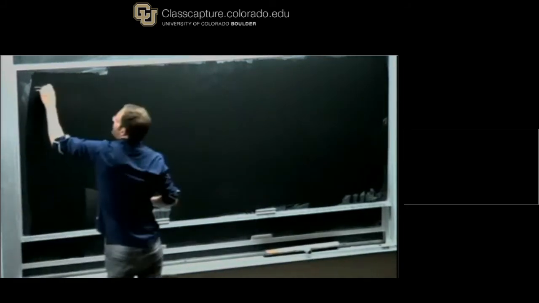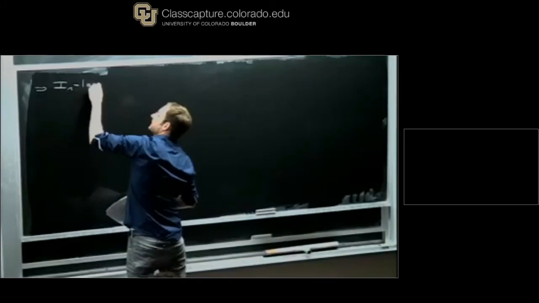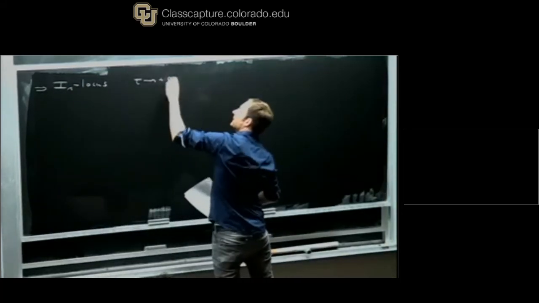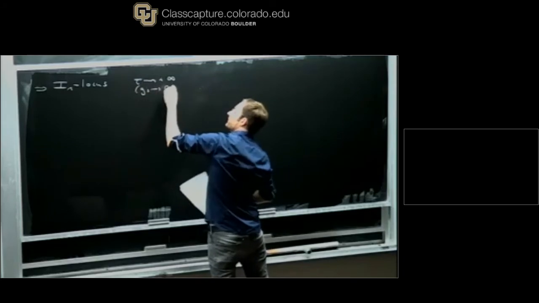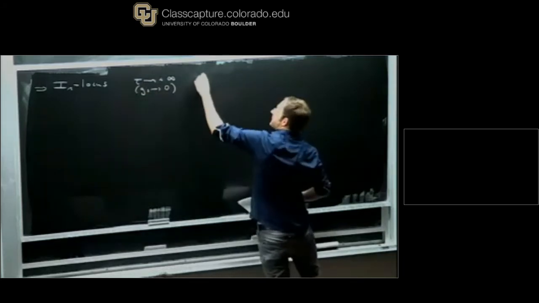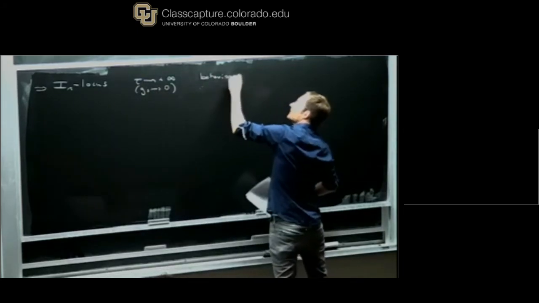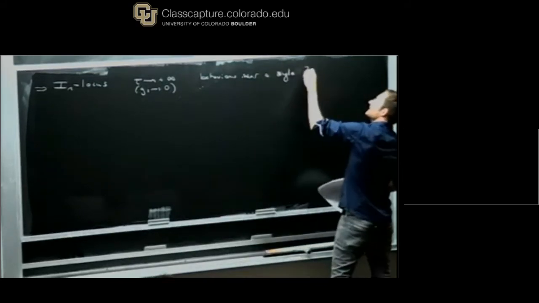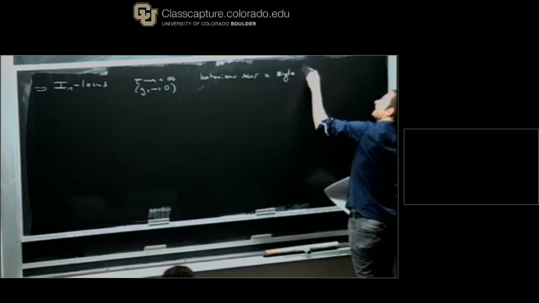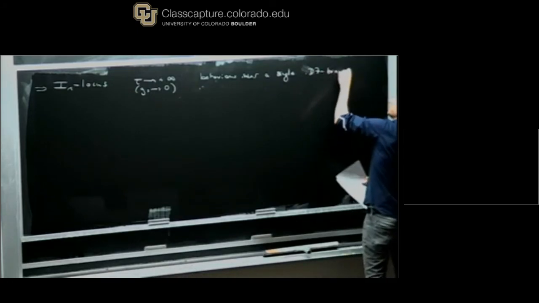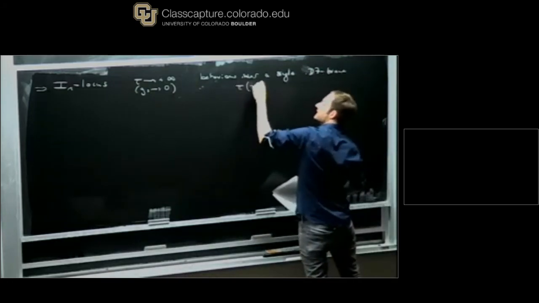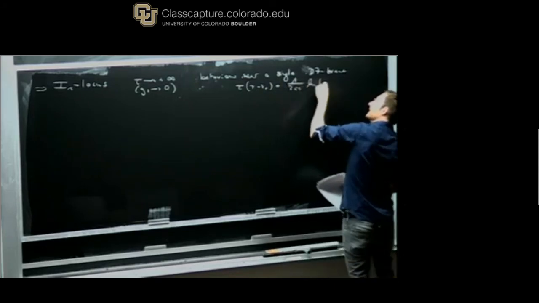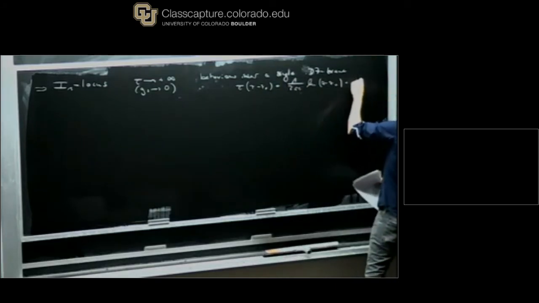So we see at the I1 locus, this is the one where f is finite, tau goes to i infinity, so g_s goes to 0. And this is the behavior near a single D7-brane, or 1,0 brane. Because we had at the beginning tau of z minus z0 equals 1 over 2 pi i ln of z minus z0 plus and so on.